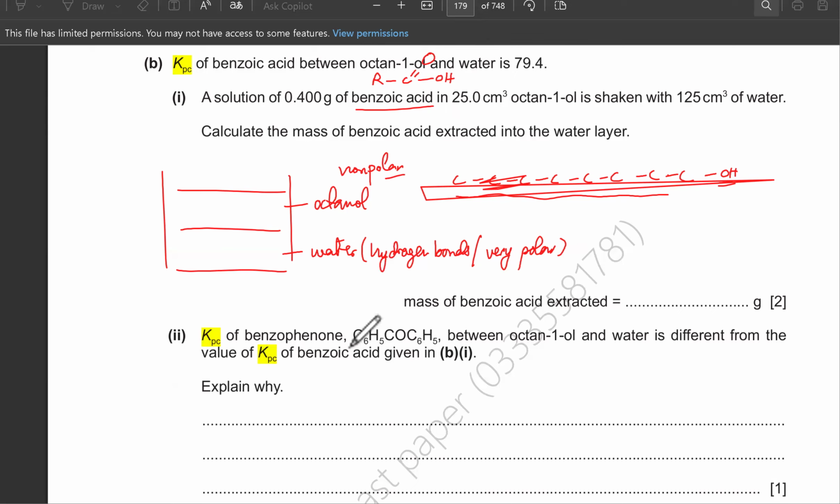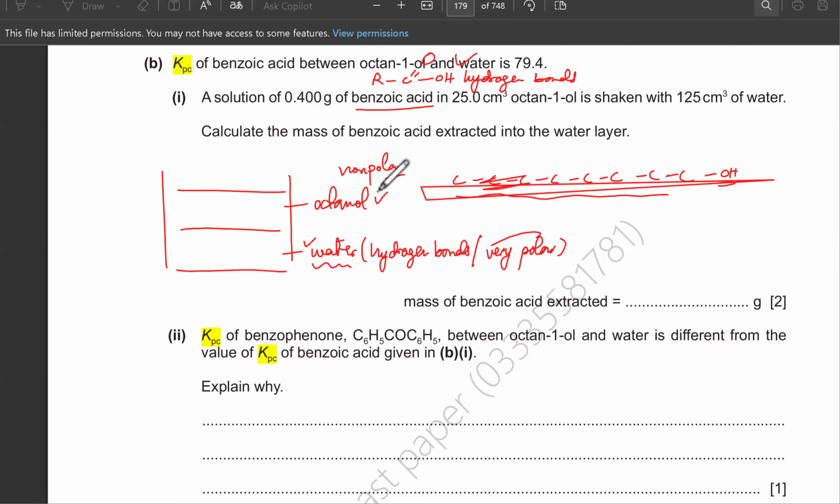You see, it's polar, right? It's also capable of forming hydrogen bonds, right? So more benzoic acid would be found in the water layer compared to the octanol layer.